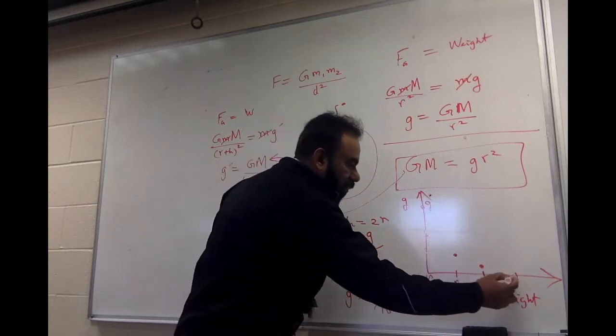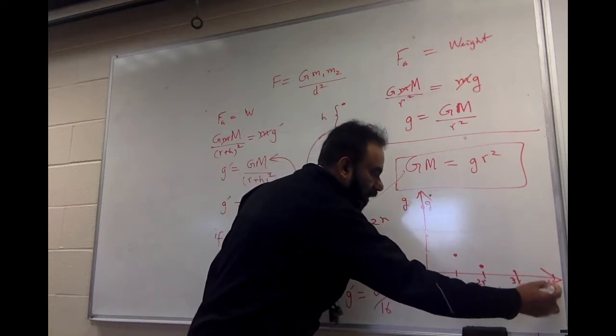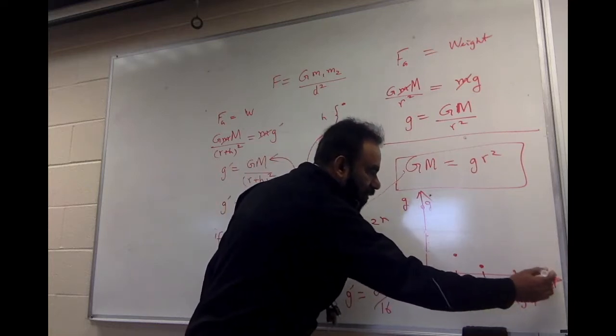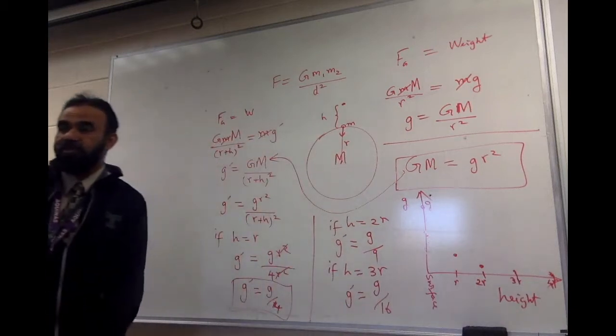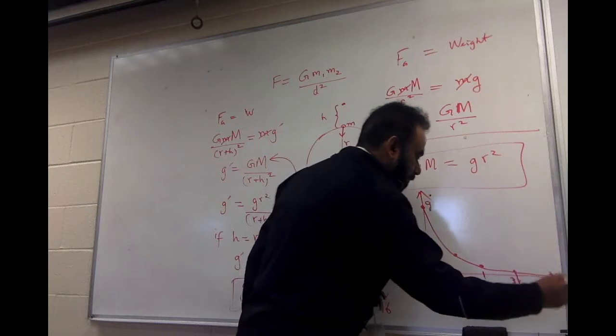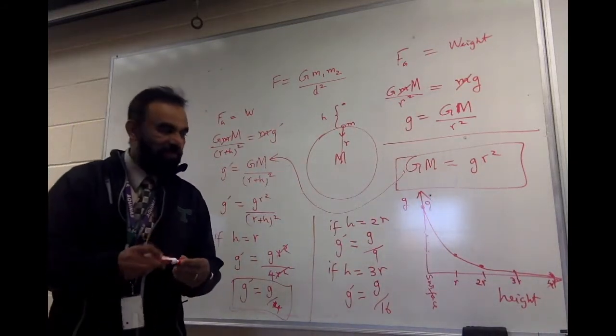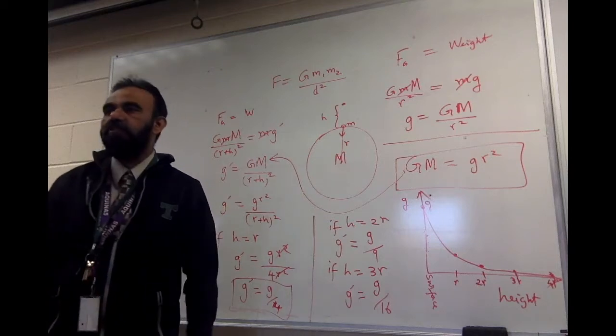When you go 3 radii away, it will be g over 16. 4 radii away, it will be g over 25. And it goes down rapidly that way. So by the time you go a good distance, it drops down pretty small.